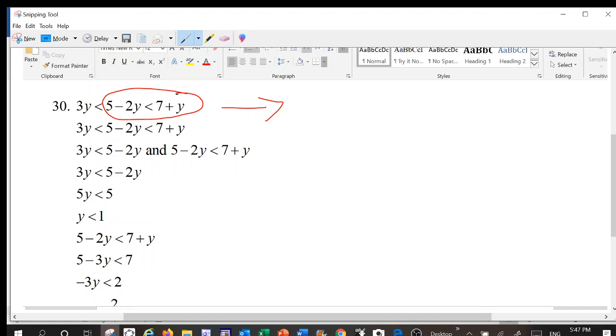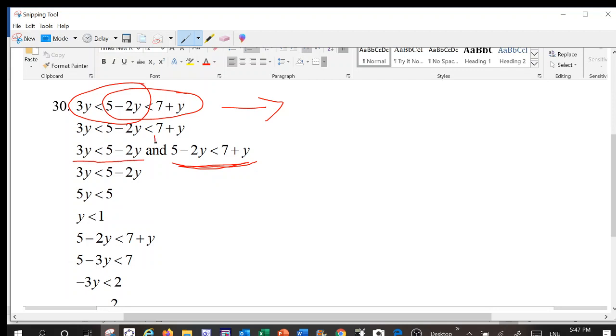That means 5 minus 2y is less than 7 plus y. And then the other one would be this inequality. Well, 30 is not included, get rid of that. So it would be this inequality, which means 3y is less than 5 minus 2y.